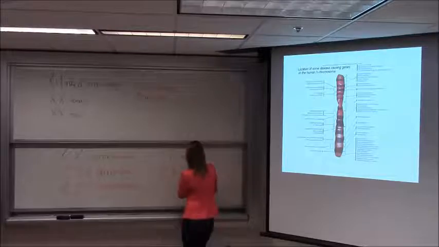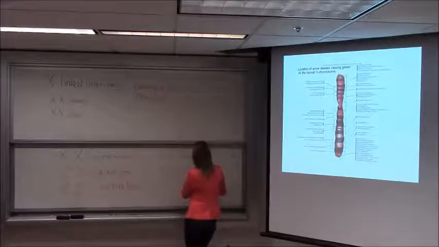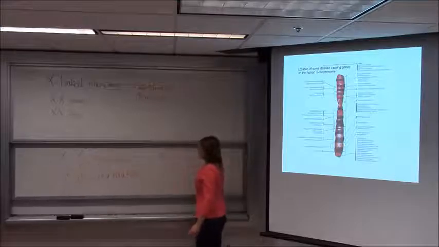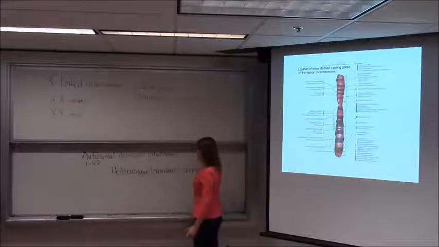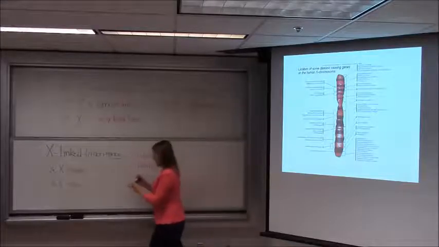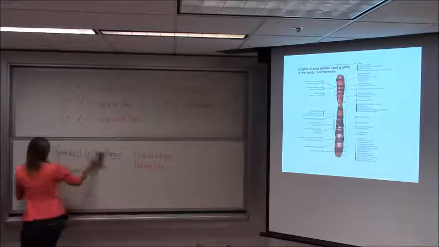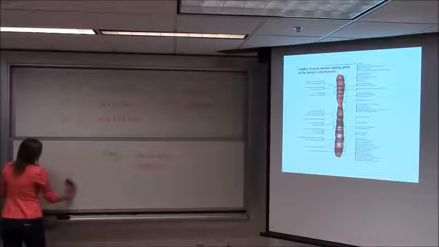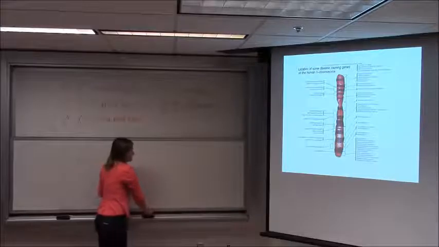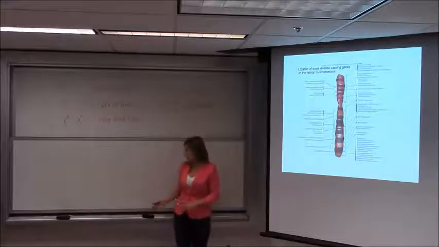So this would be a colorblind male. Let's do a couple of crosses so I can show you what I mean by now gender matters. Gender of each parent matters. Gender of the offspring matters.